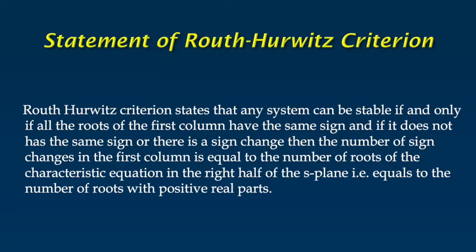If they do not have the same sign, that is, there is a sign change, then the number of sign changes in the first column is equal to the number of roots of the characteristic equation in the right half of the S plane, that is, equal to the number of roots with positive real parts.